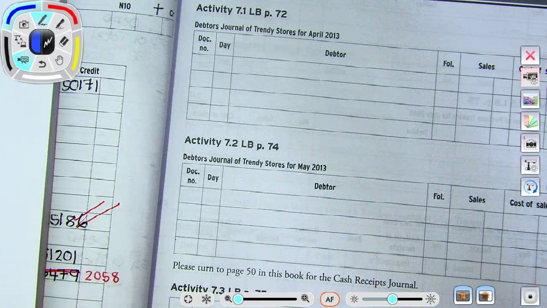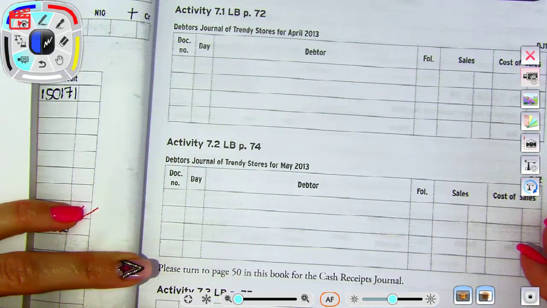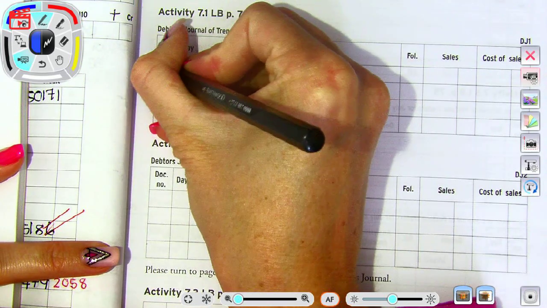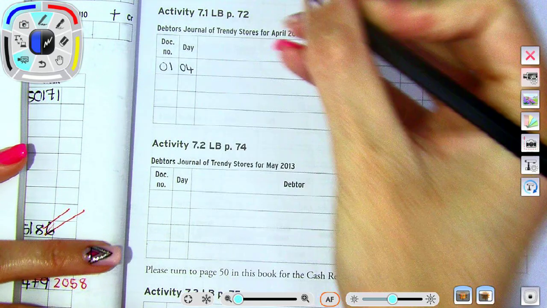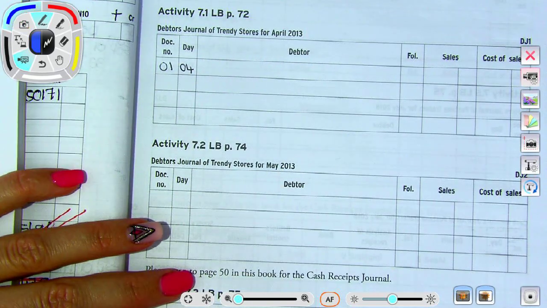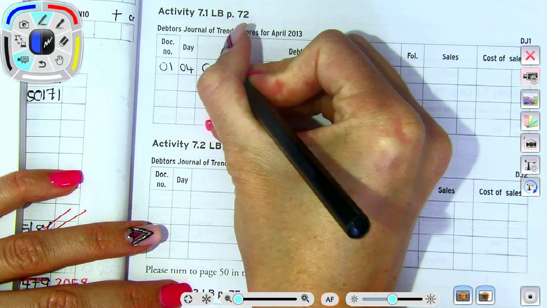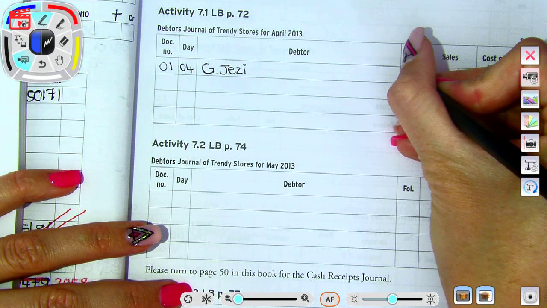Okay, so we are going to record this transaction. My document number is 01 on day 4. My debtor is Jazzy, and his folio number is D1.